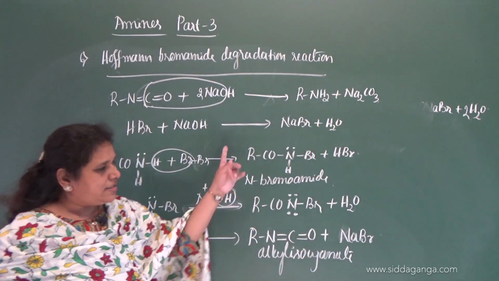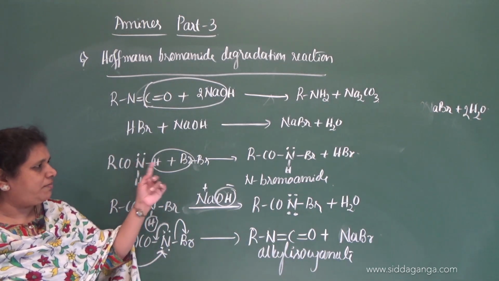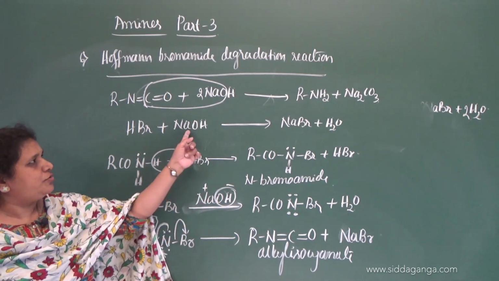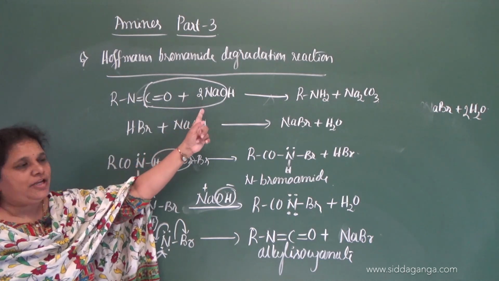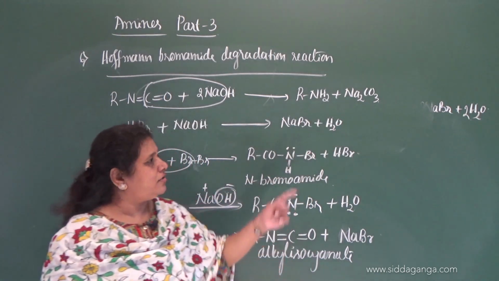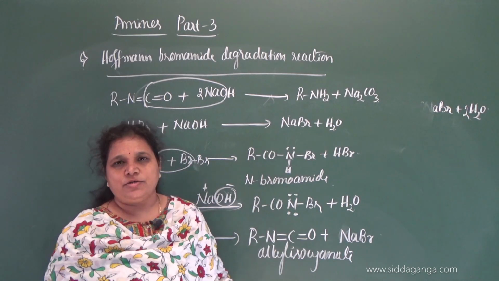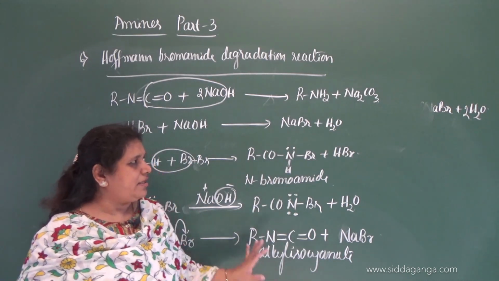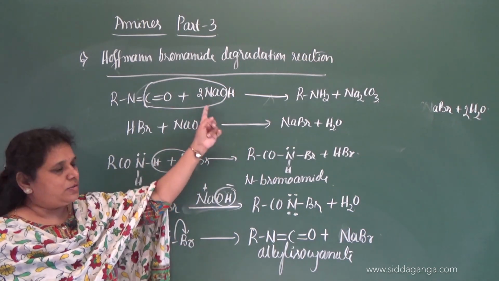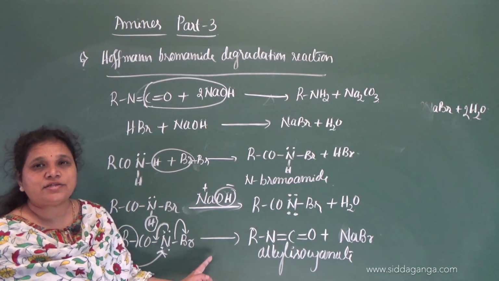If you add these reactions, you will get the final reaction as RCONH2 plus Br2, 4 NaOH we utilized here, 1, 2 plus 2, 4 molecules of NaOH gives primary amine, 1 molecule of sodium carbonate, 2 molecules of sodium bromide, and 2 molecules of water. So you can add all these reactions. It involves 5 steps, 1, 2, 3, 4 and 5. So this is the mechanism of the Hofmann bromamide degradation reaction.